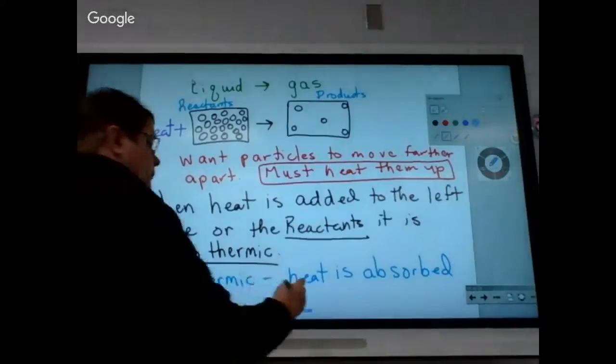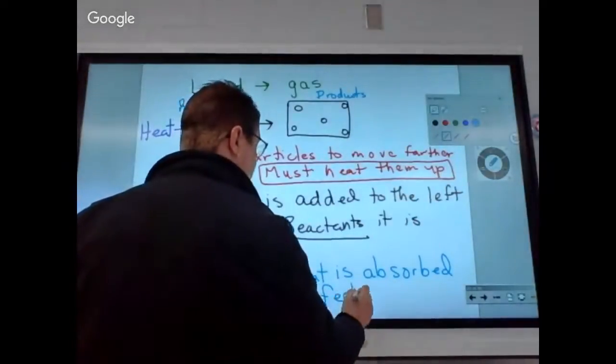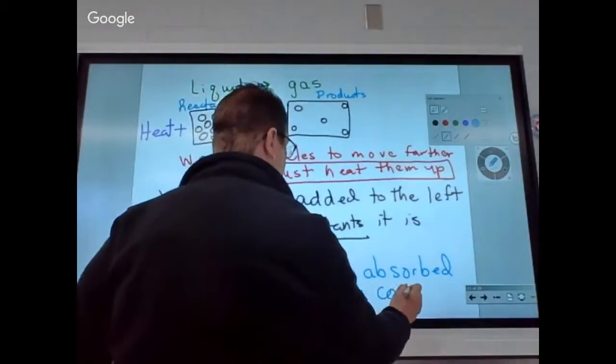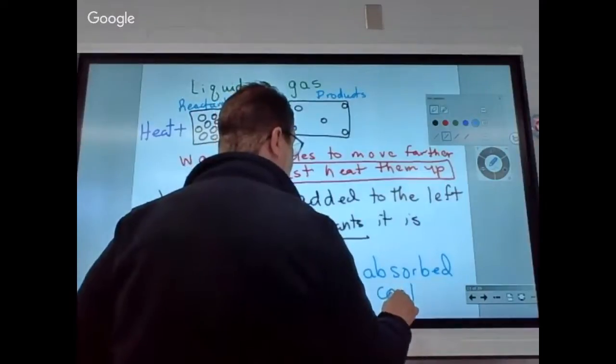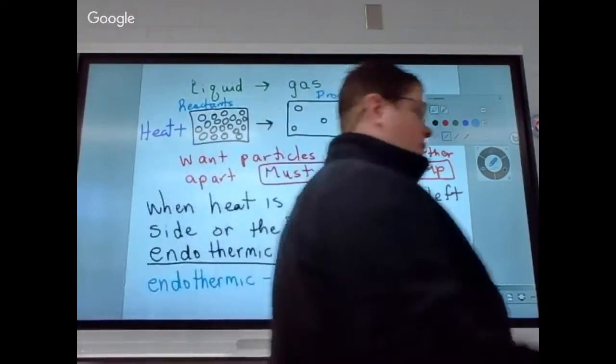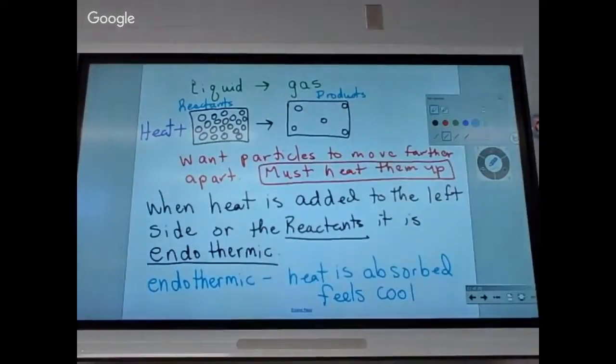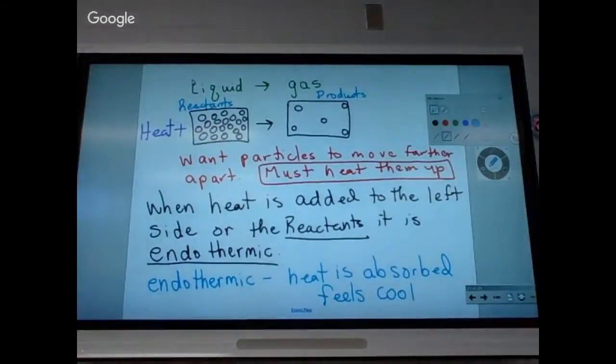Feels cool. Because it pushes the water out. Oh, we can have that girl burning herself. No. You're not going to handle anything that's going to feel hot. It'll feel warm in the cups, but it's not going to feel hot enough to burn you. She touched hot metal after it had been heated with a Bunsen burner. Or the ceramic. I don't really know what she touched, to be perfectly honest with you.